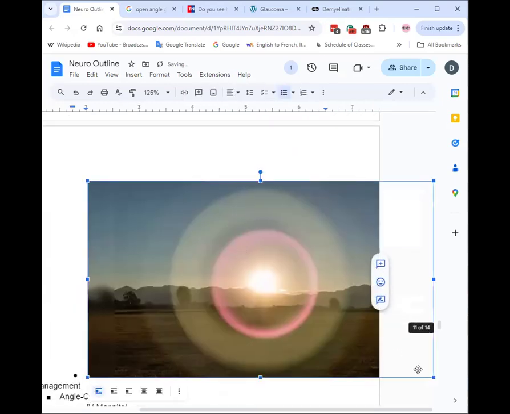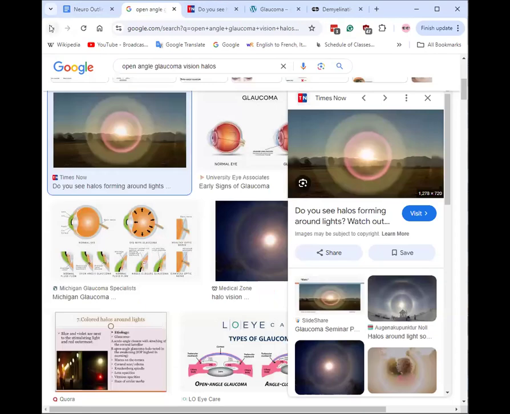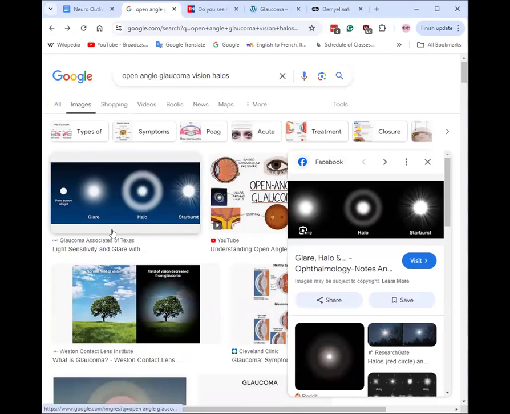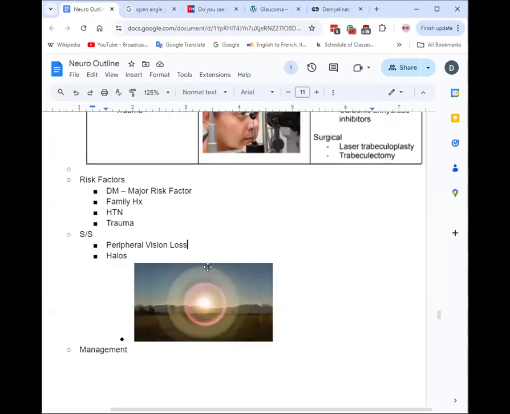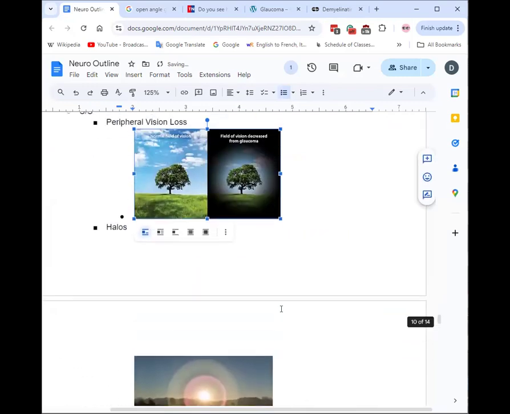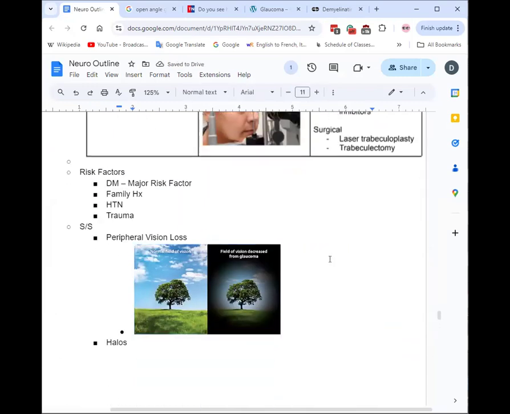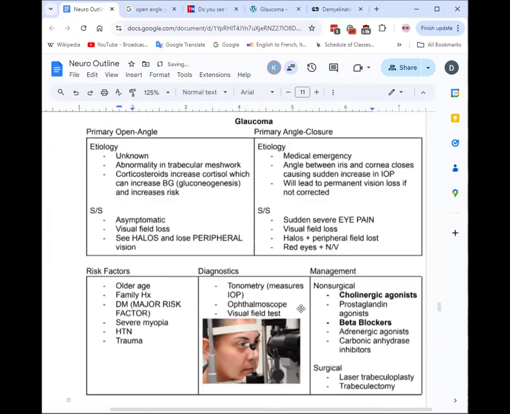It's a big picture, so I'll make it smaller. And the peripheral vision loss picture we found before is really good. This one's good too, actually. So hopefully that paints the picture.